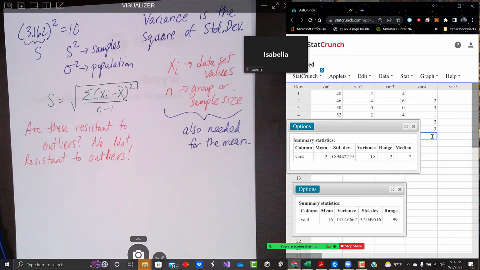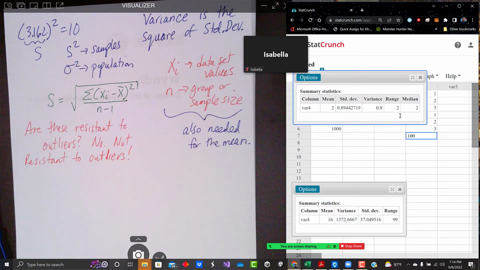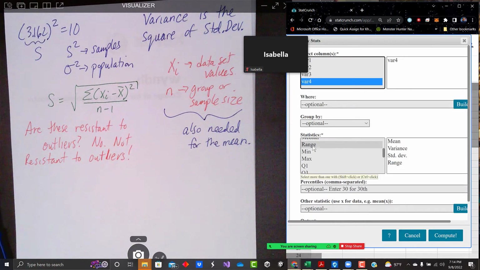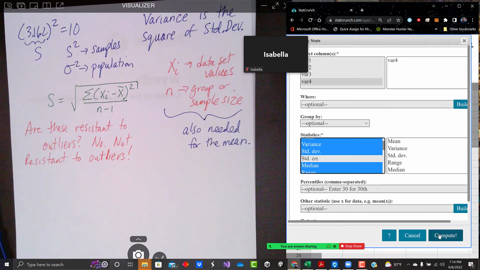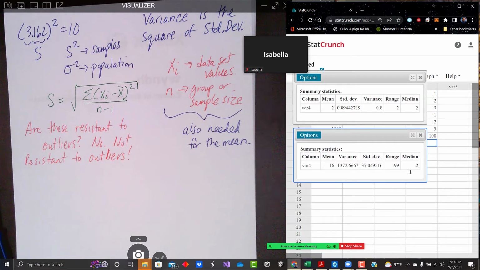And I'll have to add the 100 back in to redo this one. Why didn't it do it? Now I'll re-add mean here, or median. Median didn't change, so the median's resistant, the other ones are not.